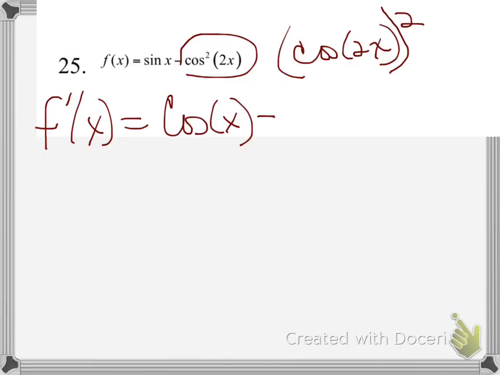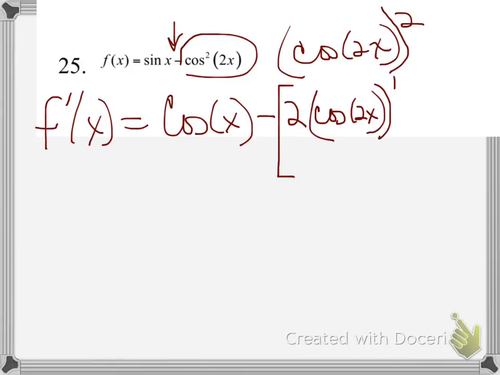So I have a minus because I had a minus here. I'm going to now put this in a bracket because everything that follows is going to be subtracted. So use your power rule. So I have 2 times the cosine of 2x, and that is now raised to the 1st power. Now take the derivative of cosine. That derivative is negative sine, don't change angles, and then take the derivative of the angle, which is 2.